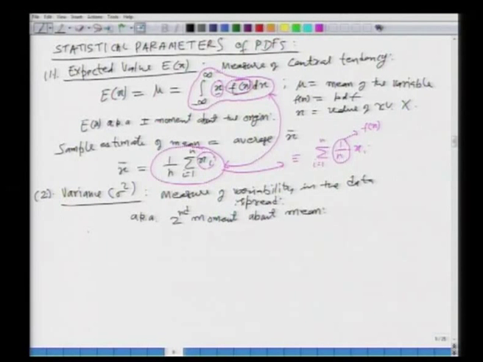Okay. So, how is this second moment about the mean defined? It is nothing but the expected value of (x minus mu) whole square. All right. So, what is it? Square means it is the second moment, with respect to mean means you are subtracting the mean from your x values.